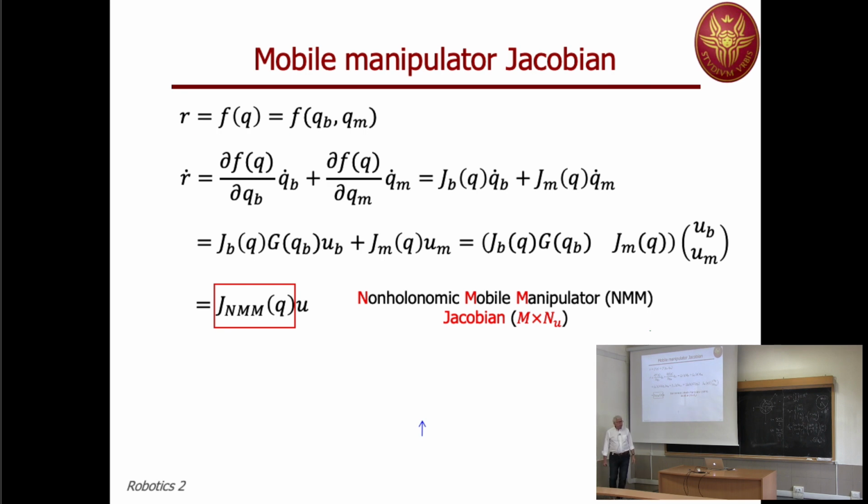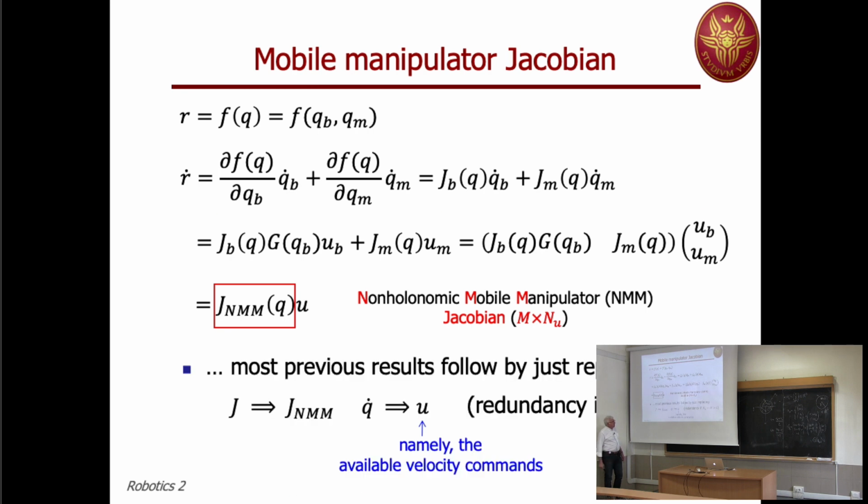So it's something that you can compute for your structure, depending on the task and depending on the mobility of the base. And of course, the task depending on the kinematics of the robot manipulator.